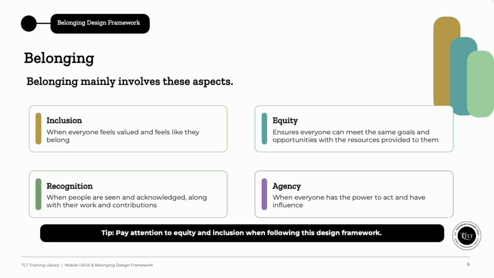Firstly, what is belonging? It's a feeling that we should provide to the user through our design. Here's mainly what belonging encompasses: inclusion, when everyone feels valued and feels like they belong; equity, where everyone can meet the same goals with the resources provided to them; recognition, when someone or their group is acknowledged and recognized; agency, when everyone has the power to act and the power to have influence.